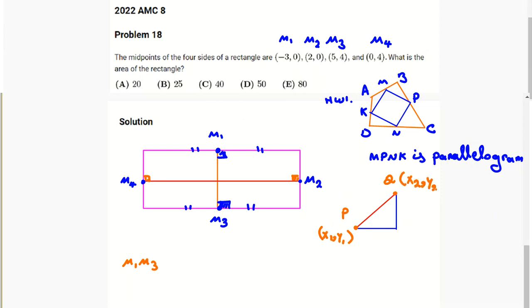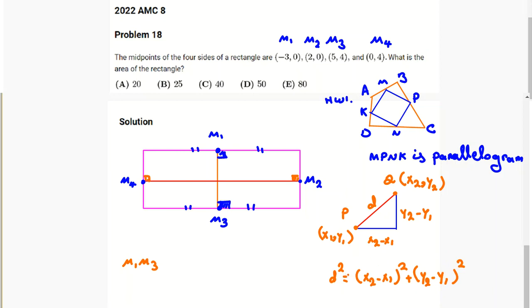So this length is absolute, for example here x2 minus x1, but in general, absolute value of x2 minus x1. This one is y2 minus y1. So if we consider this distance d, by the Pythagorean theorem it is x2 minus x1 squared plus y2 minus y1 squared. So distance is the square root of this.